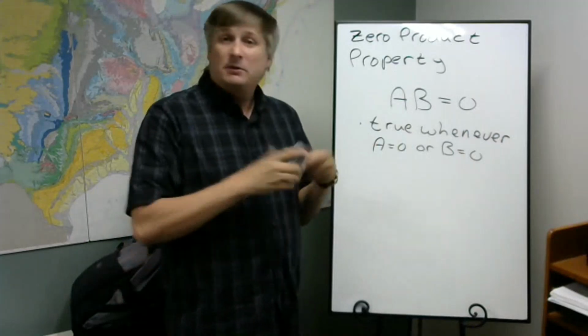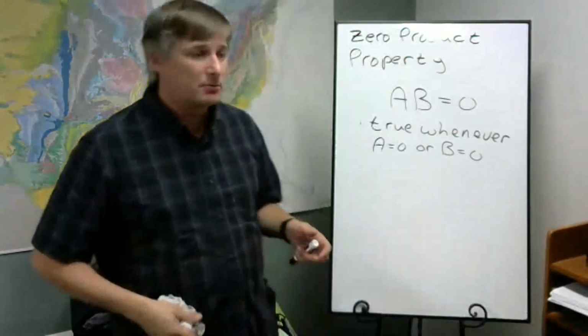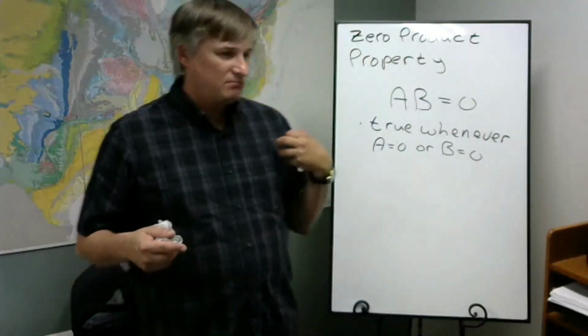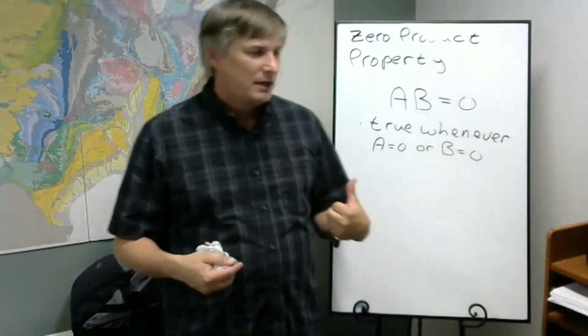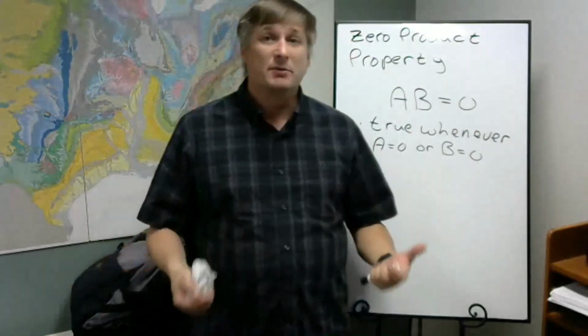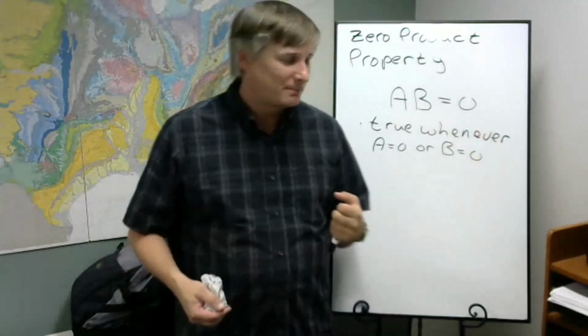So what do we do with this? Well, we're going to take our polynomials and set them equal to 0. We'll do sometimes a little algebra to do that. And then we're going to try to factor them as products, like a binomial times a binomial.